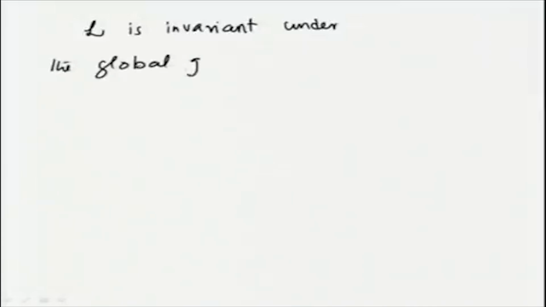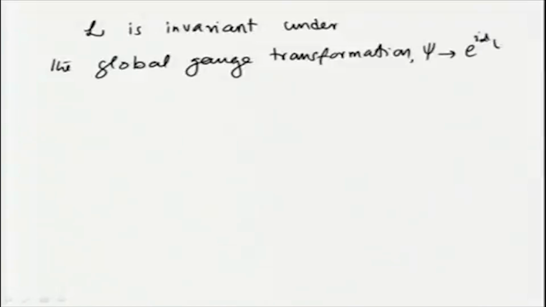So, what we see is that L is invariant under the global gauge transformation, which says that psi goes to exponential i alpha psi. This is the standard terminology, global gauge transformation.